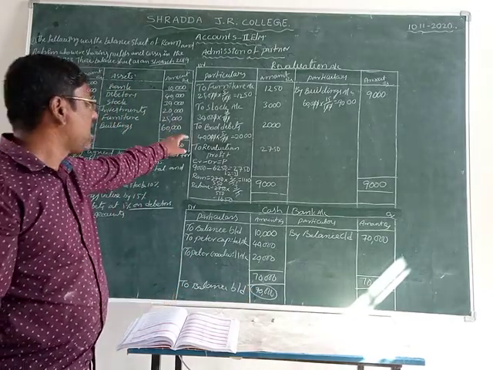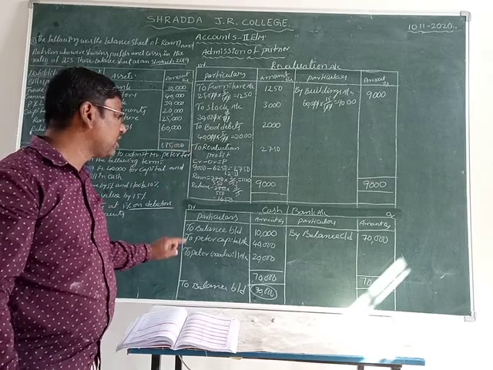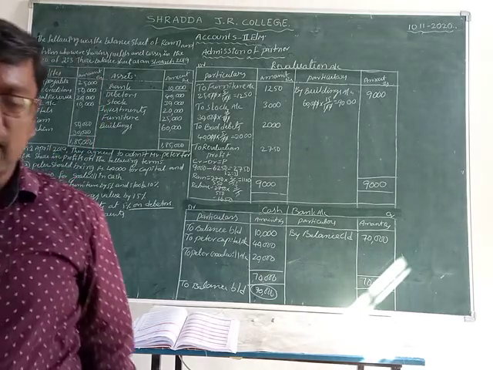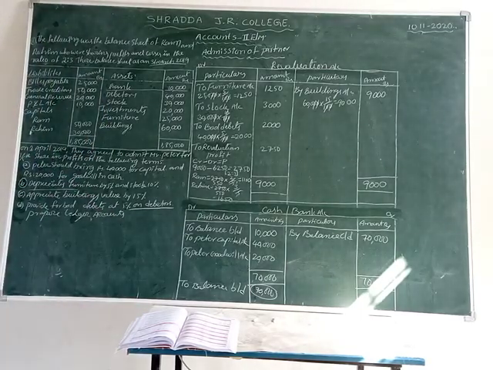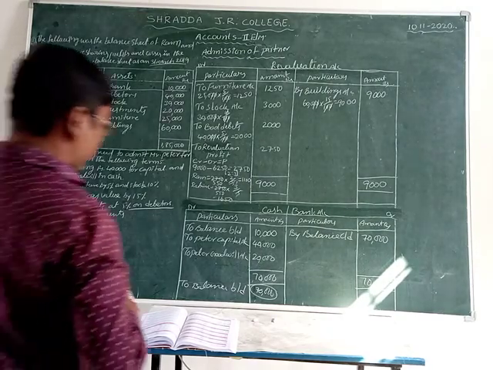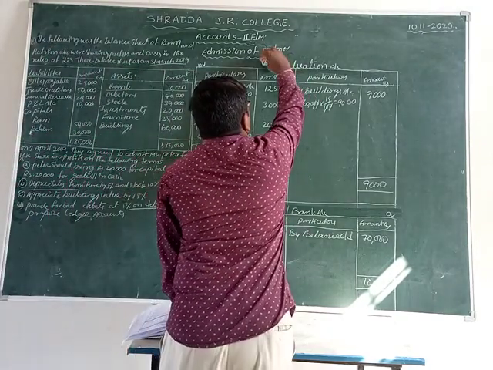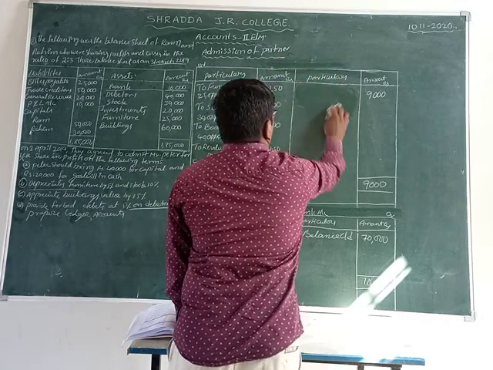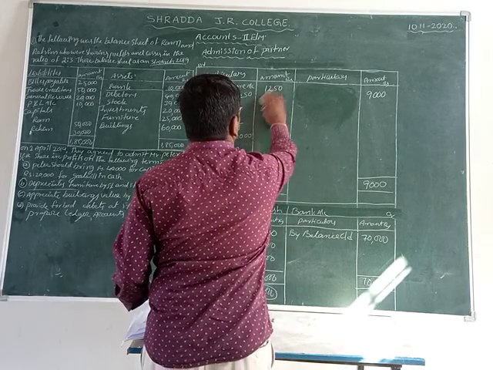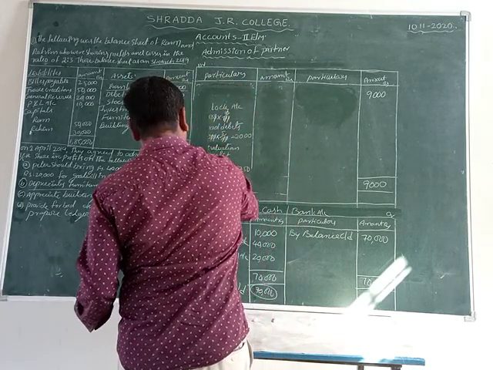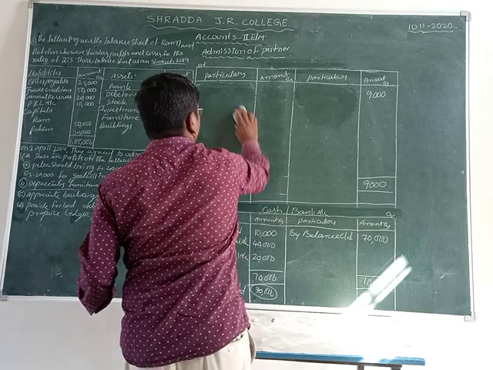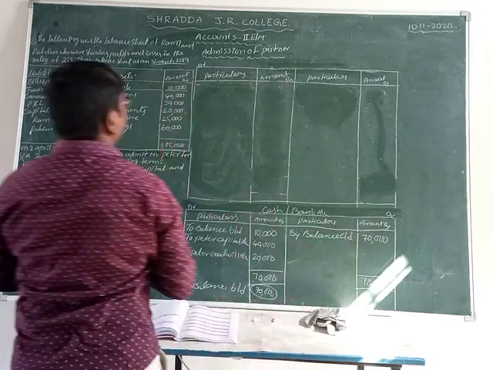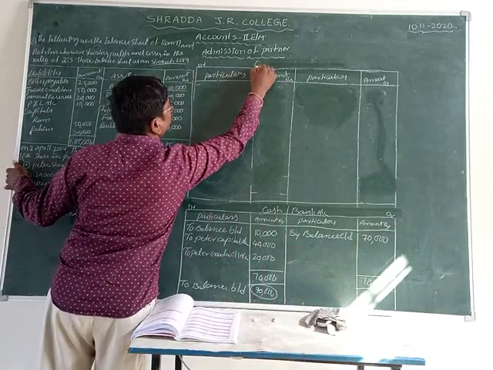Okay now, this is a revaluation account and this is a cash account, friends. Now we are going to the goodwill account. Wait for a moment. Write down here goodwill account.